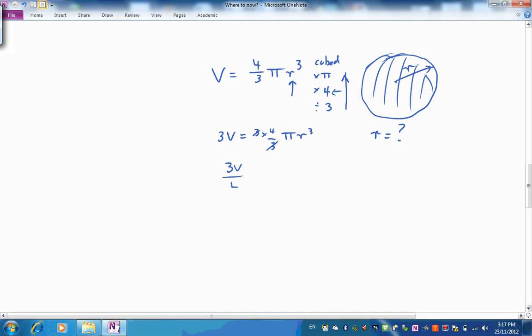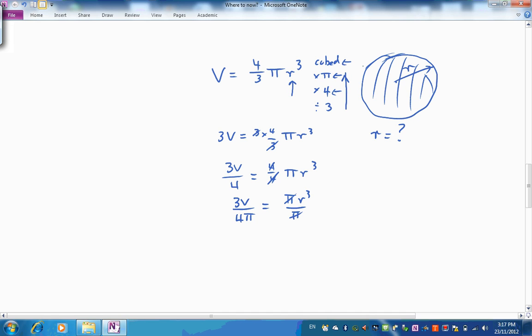So if we divided by 4, we would have 4 divided by 4, that would cancel, pi r cubed. And then our next step is to reverse the multiplication by pi. Let's divide by pi, so that's getting a bigger denominator still over here. And dividing this side by pi, we're back to r cubed.